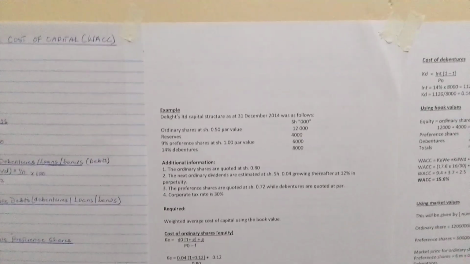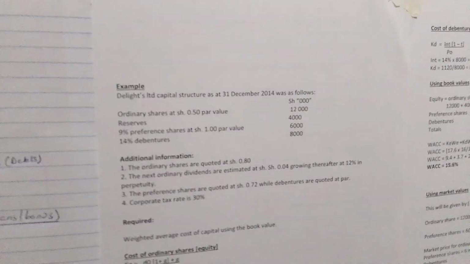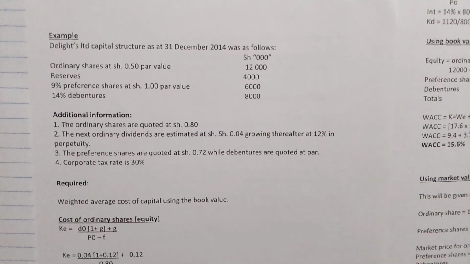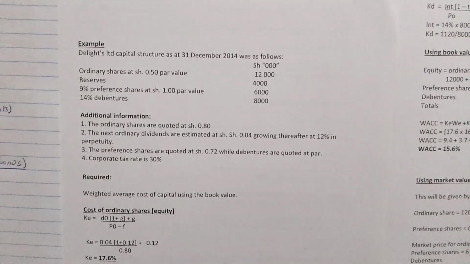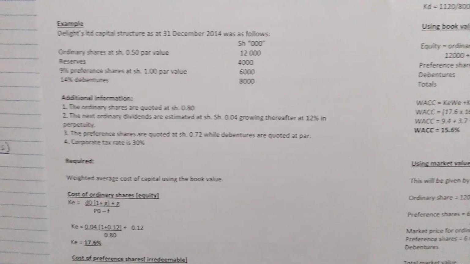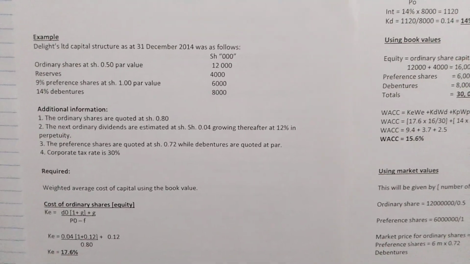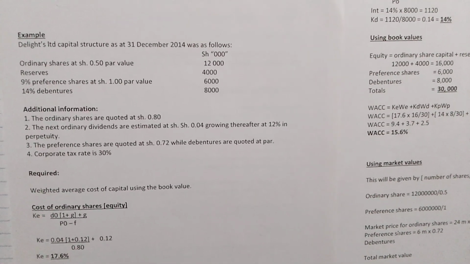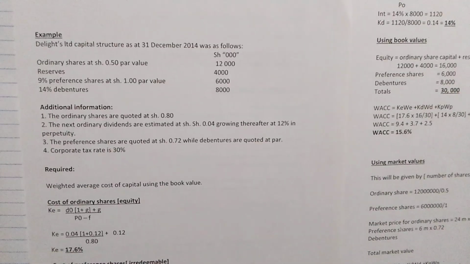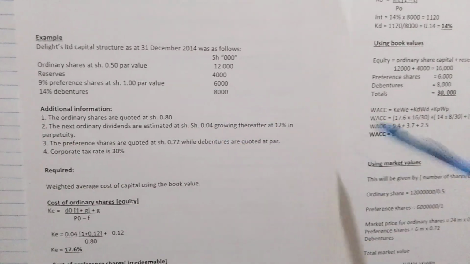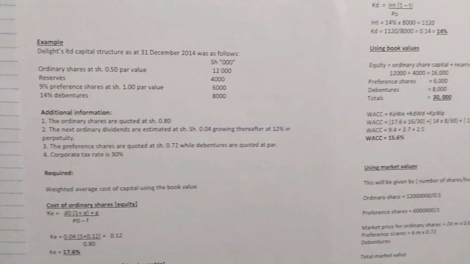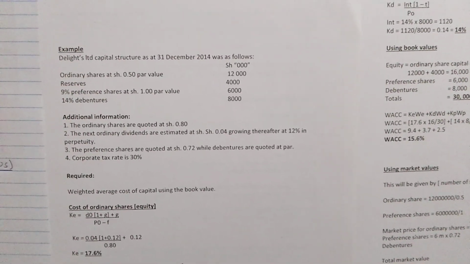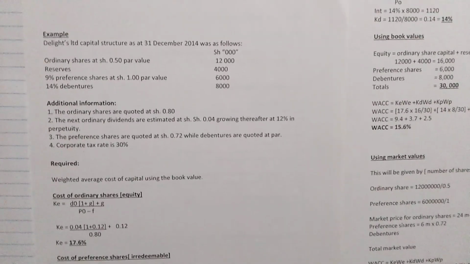Now you can better understand that in an example, and that is what I'm going to take you through. Let's have a question here. We are told Delights Limited's capital structure as at 1st December 2014 was as follows. These figures are in millions. We have ordinary shares at shilling 0.50 par value, 12,000. Reserves. The other name for reserves is retained earnings.